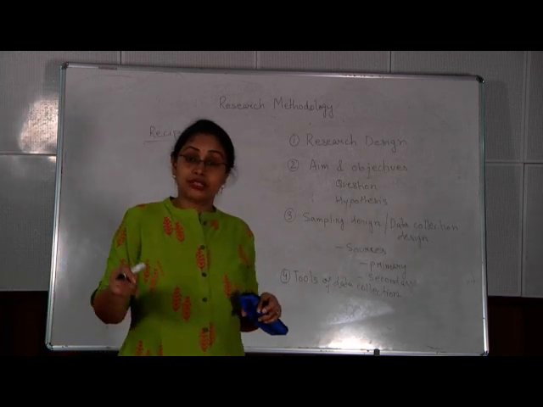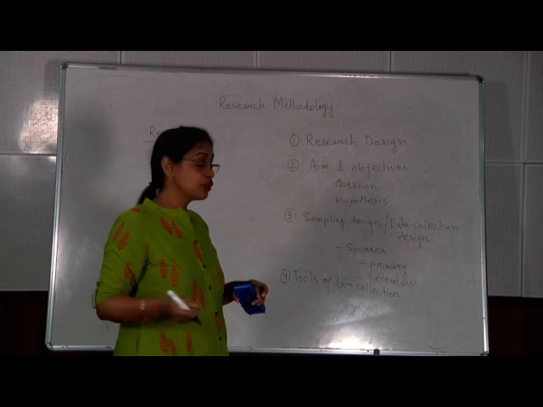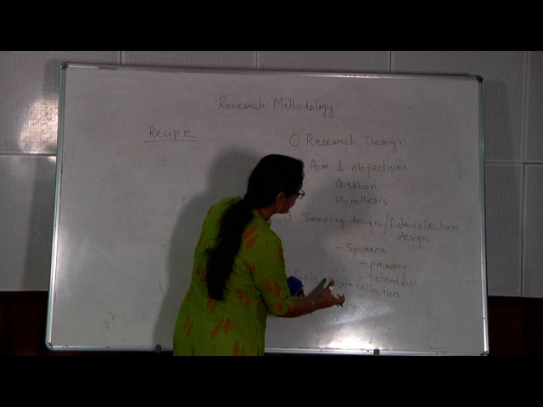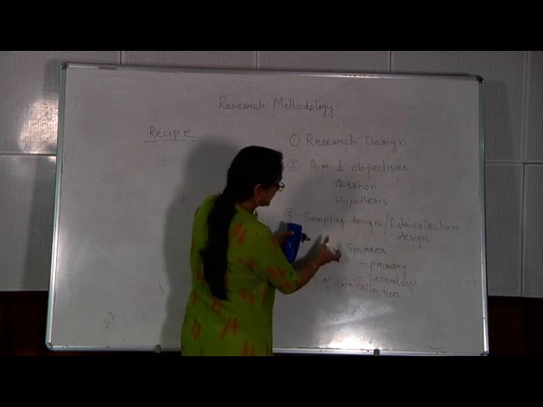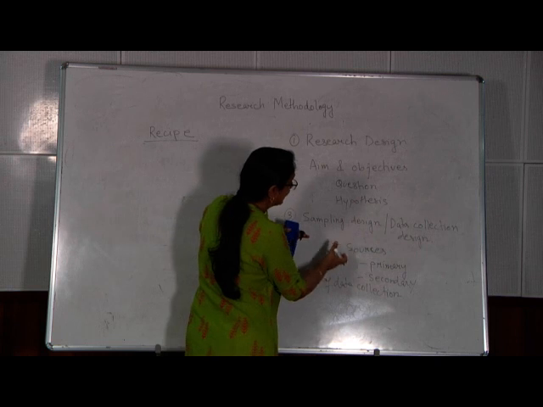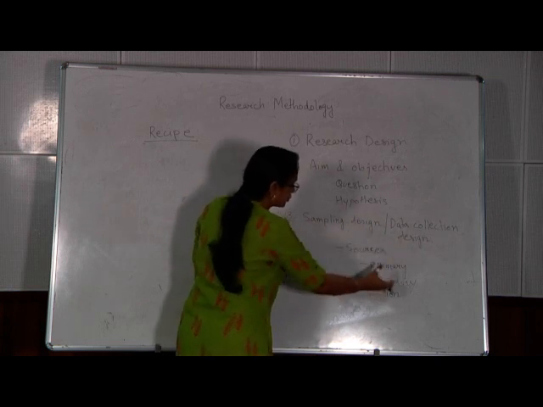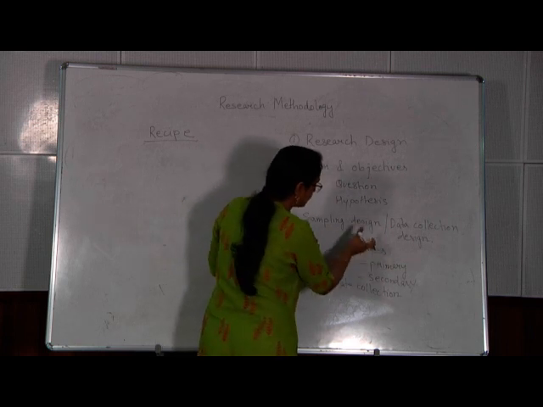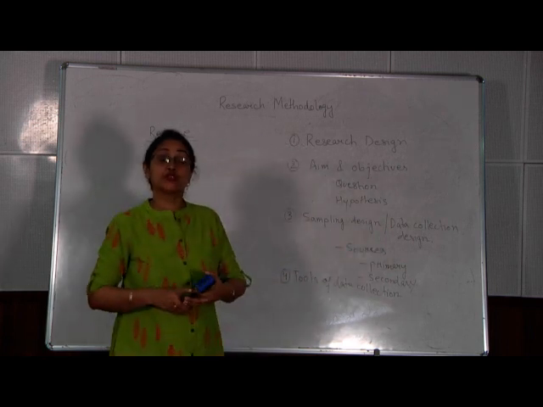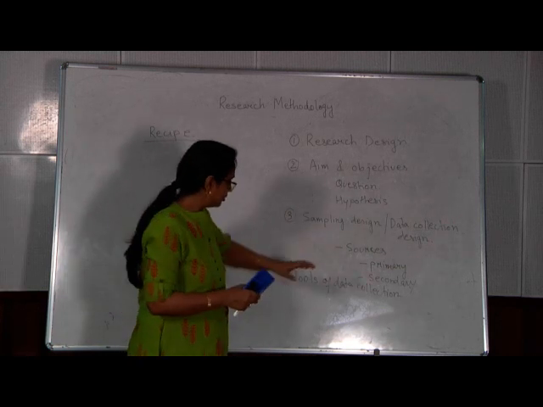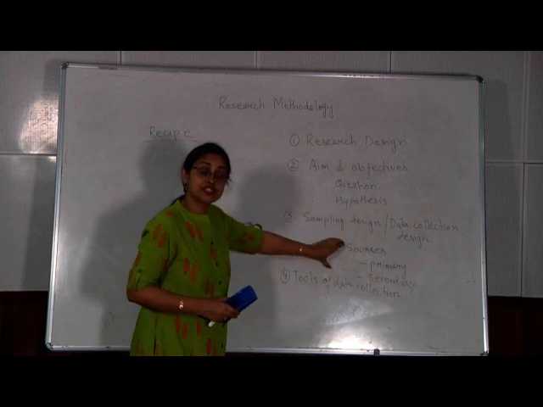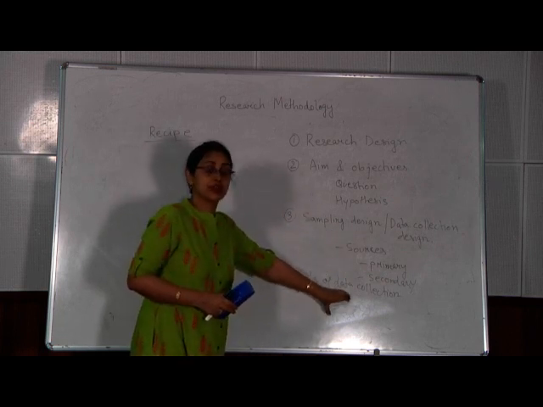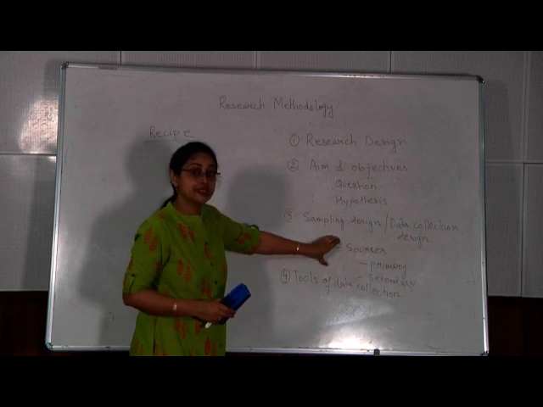You're cutting, you need the knife or you need the grinder. So all the different tools through which you are going to process the data. How are you going to collect the data from the sources? What tools are you going to use to collect the data from the sources? That means what tools are you going to use to process the vegetables or the ingredients? What tools are required to process the ingredients?